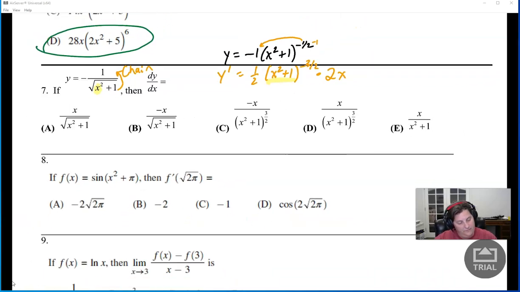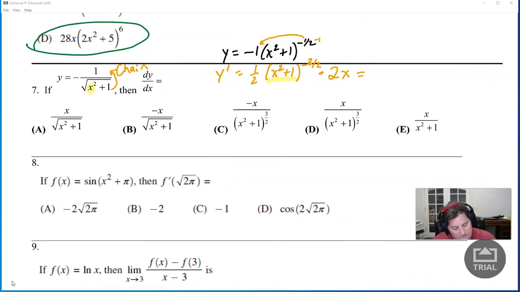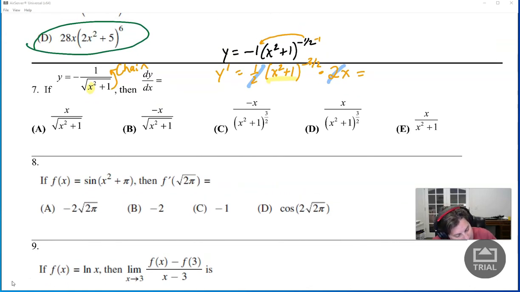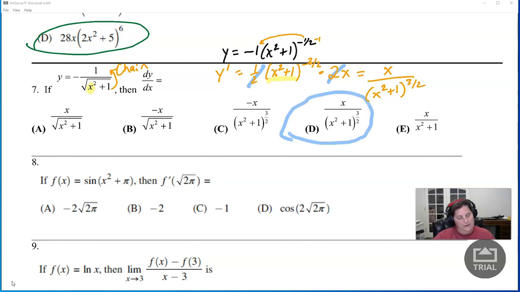Now look, when I try to come up with a nice simplified answer, do you see that the 1/2 and the 2 will cancel out? So I have x, and then I have (x squared plus 1) to the 3/2 back down on the bottom. And so that's definitely going to be this one. So that was just a little complicated chain rule.